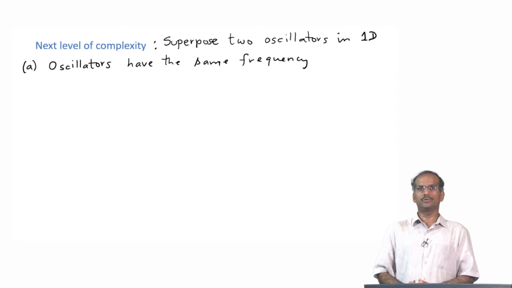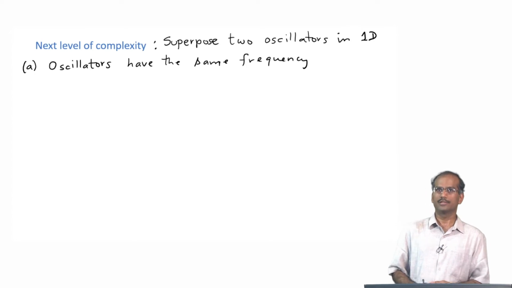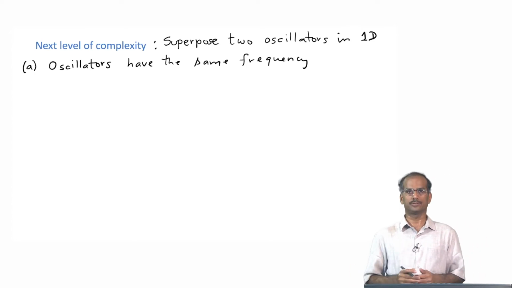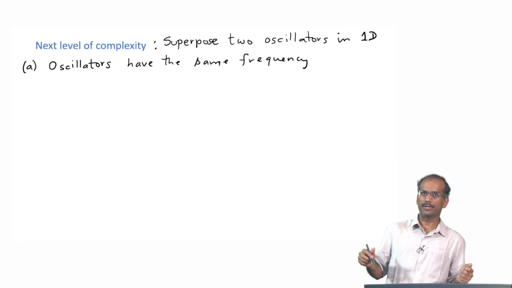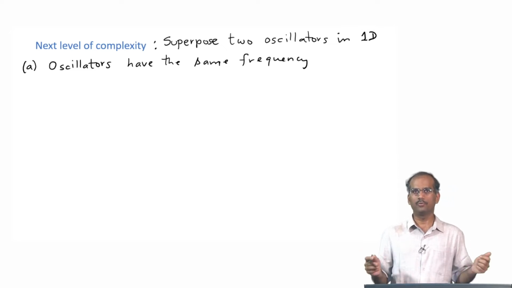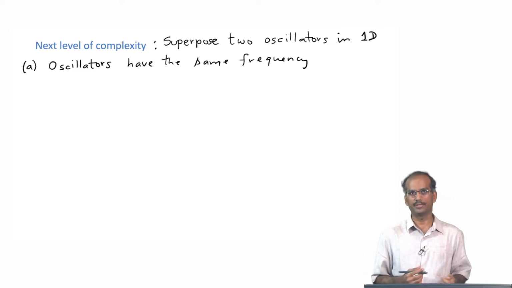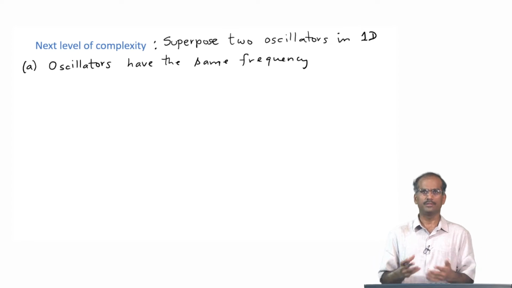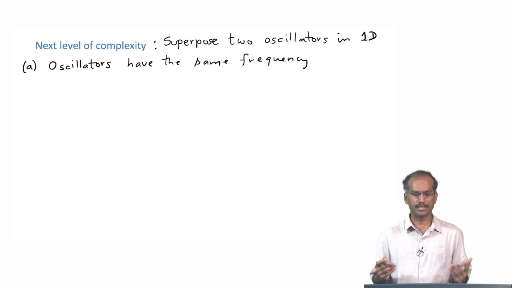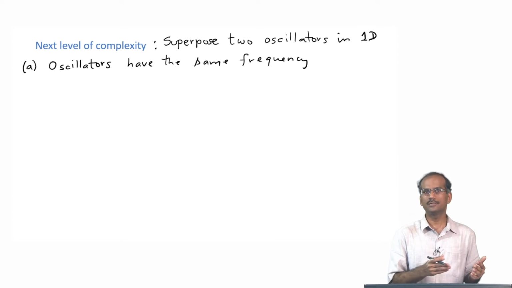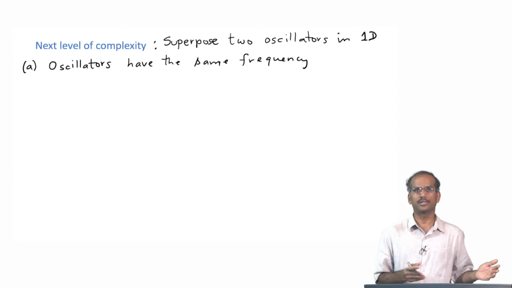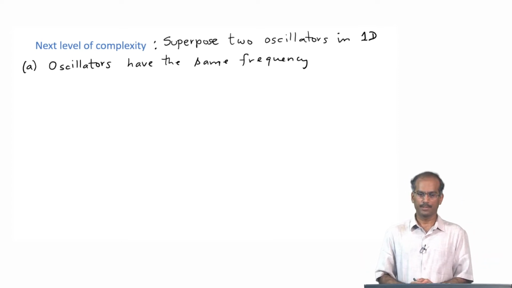So, the idea here is to superpose two oscillators in one dimension. Okay. So, it is like having two pendula in the same dimension, or maybe in some way two oscillating systems, but essentially both of them are oscillating in one dimension.